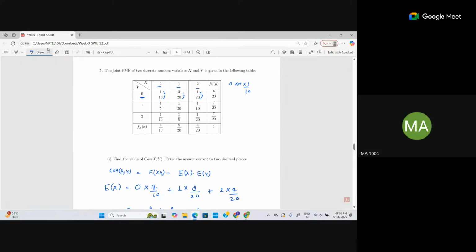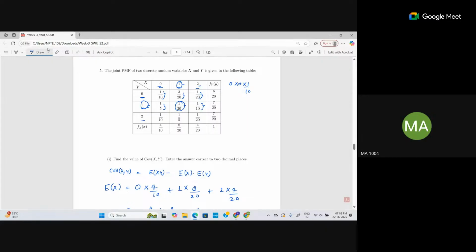Okay, now we are coming to the next row. The next pair will be 1, 0, and 1 by 5, so this will also become 0. Then the next we have 1 into 1 into 1 by 20. The value of x into the value of y into the corresponding probability, this is one pair. Next we have x equals 2, y equals 1, and the probability 1 by 10.